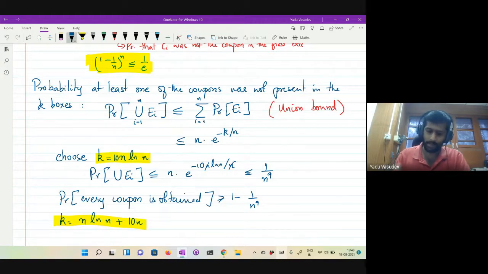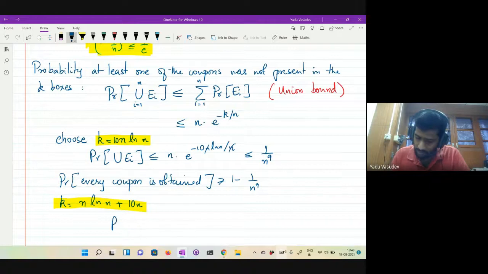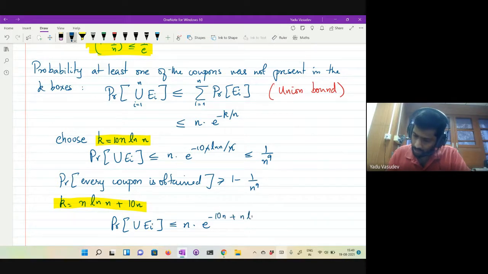What is the probability? So for this k, what is the probability of union E_i? This is at most n times e to the minus (10n plus n ln n) divided by n.